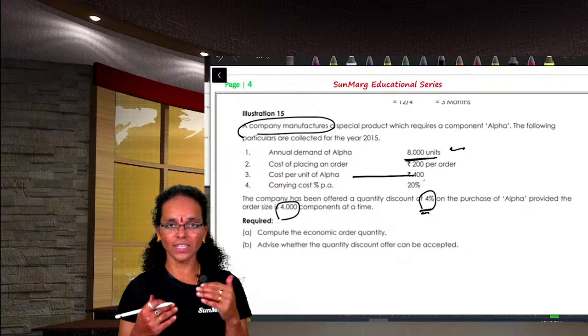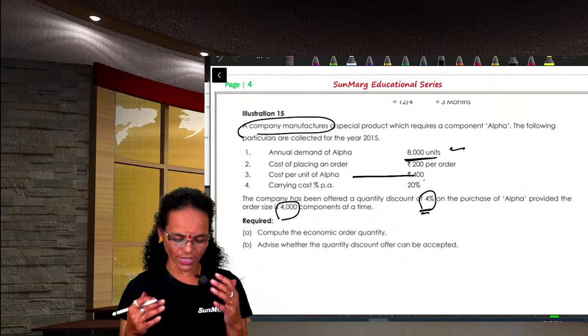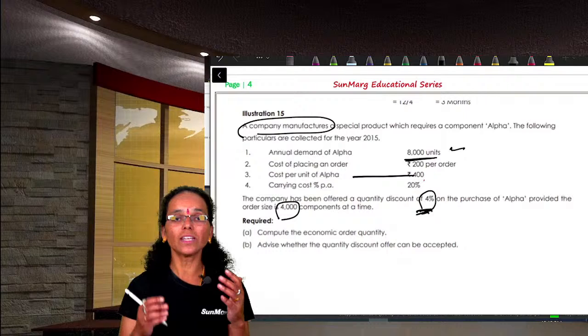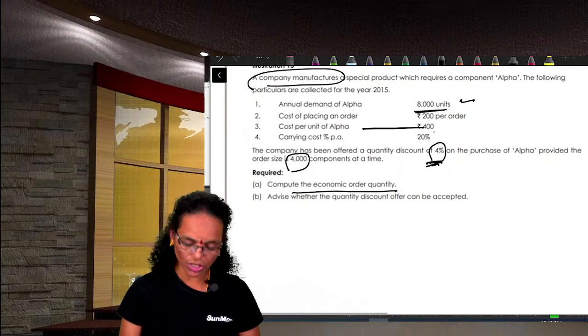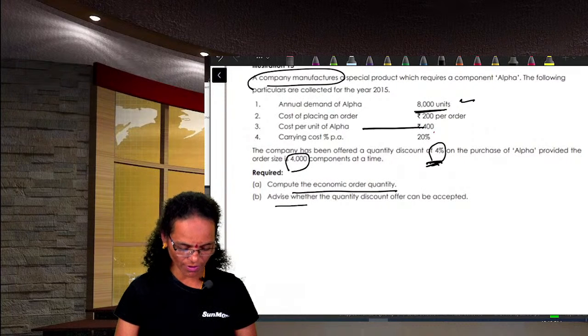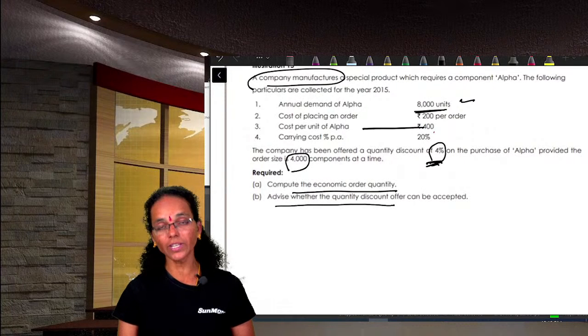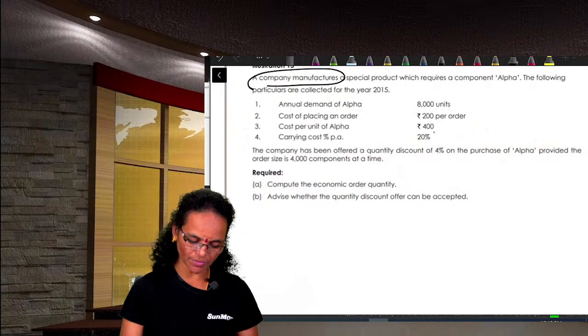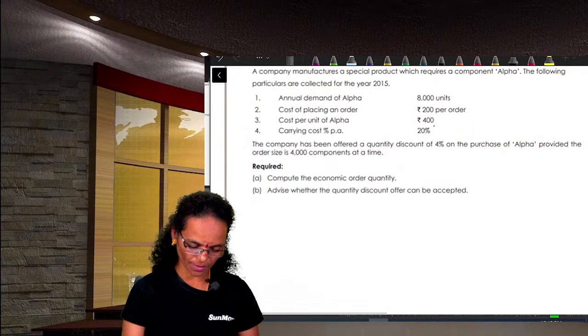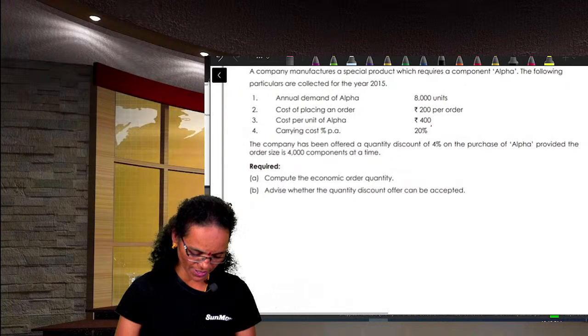So now he is asking us, as a cost accountant, whether this offer can be accepted or not. Compute the economic order quantity and advise whether the quantity discount offer can be accepted or not. So we'll see whether it can be accepted or not. First we will find out economic order quantity.